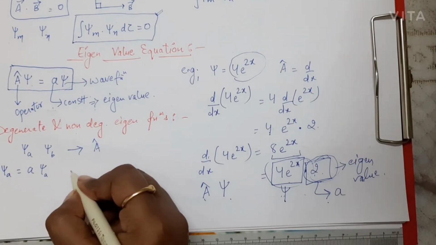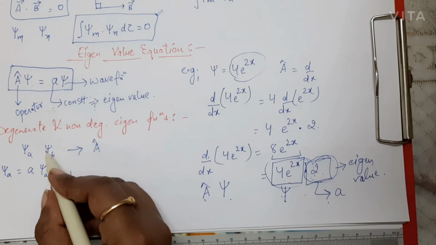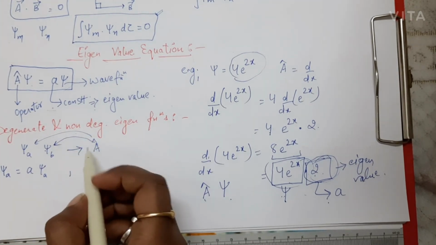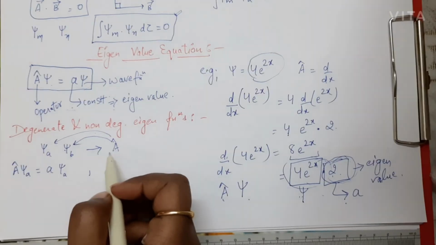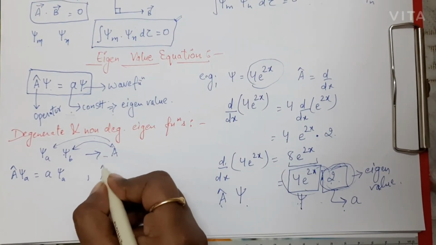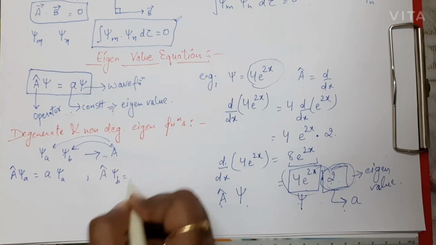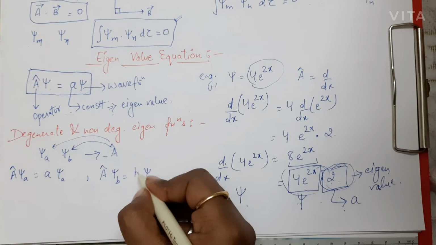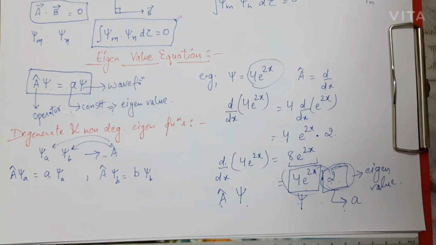And also when you apply this operator on wave function psi b, one by one we are applying this operator on these two. So when you are operating this operator on psi b, on solving we are getting the wave function back along with some constant b, right?